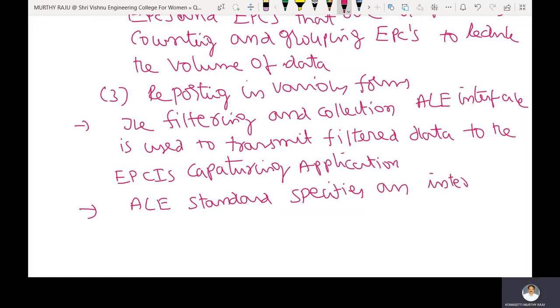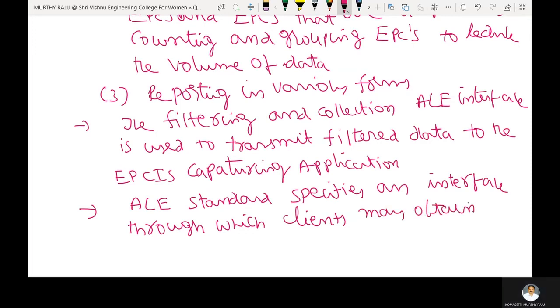It is an interface through which clients may obtain filtered and consolidated RFID data.